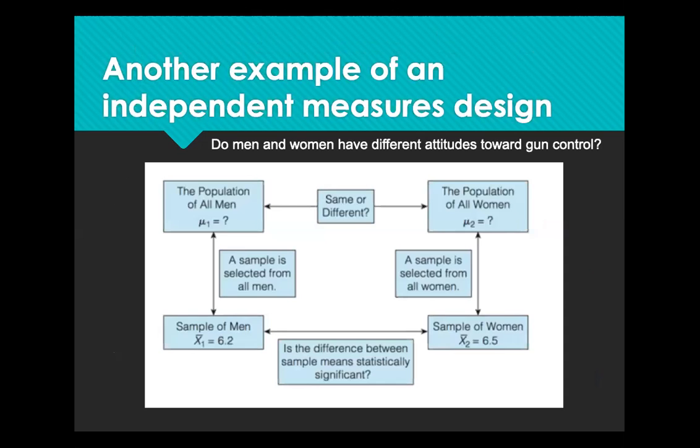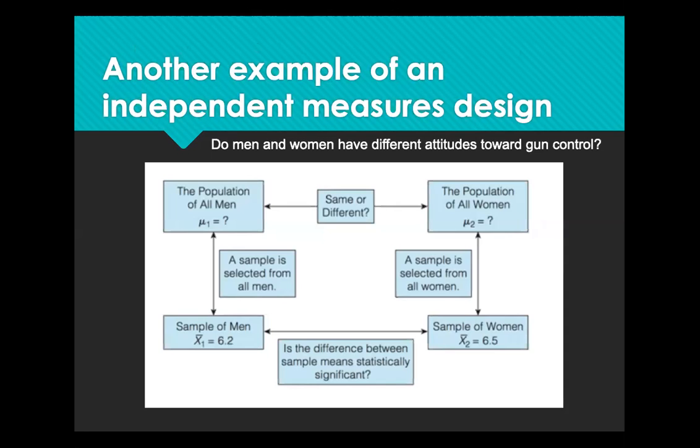So, another example of an independent measures design: do men and women have different attitudes toward gun control? First, just to review, what's the independent variable here? If we were in class, I would ask you to take a minute and think about whether you can identify the independent variable and the dependent variable in this example.